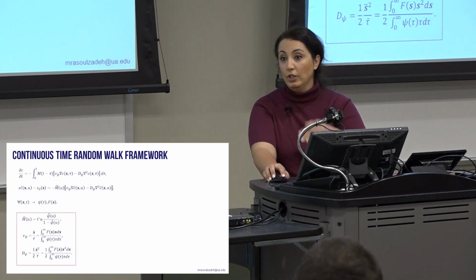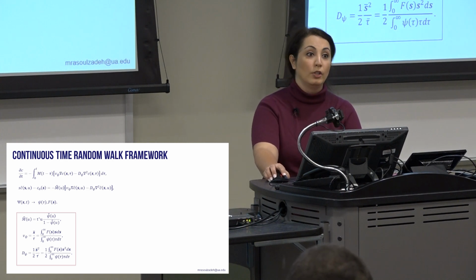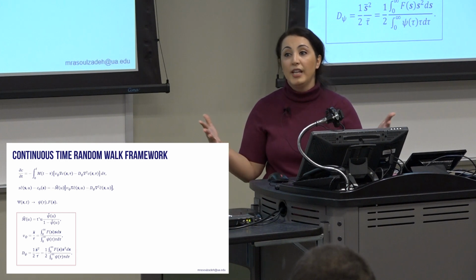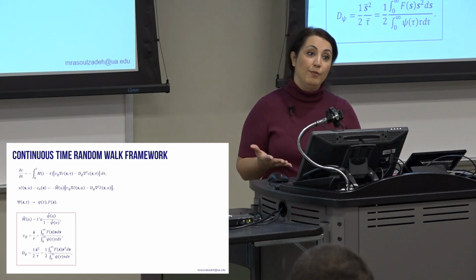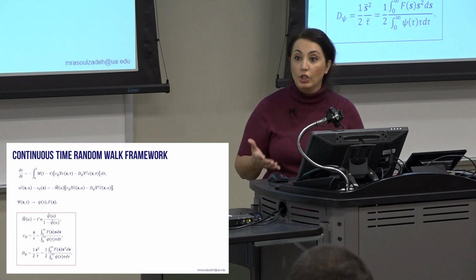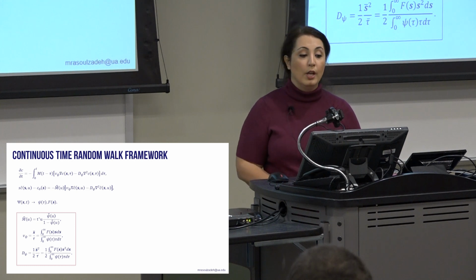Everything starts from that joint probability density function. So that joint probability density function, which needs to be created somehow in order for us to have information to start even talking about continuous time random walk upscale model for transport.